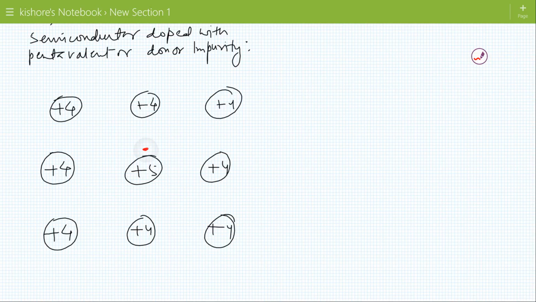In the outermost orbit, this pentavalent impurity has 5 valence electrons. So out of 5, 4 will participate in the covalent bond, and the 1 electron will be left unengaged, and that will be an excess free electron.